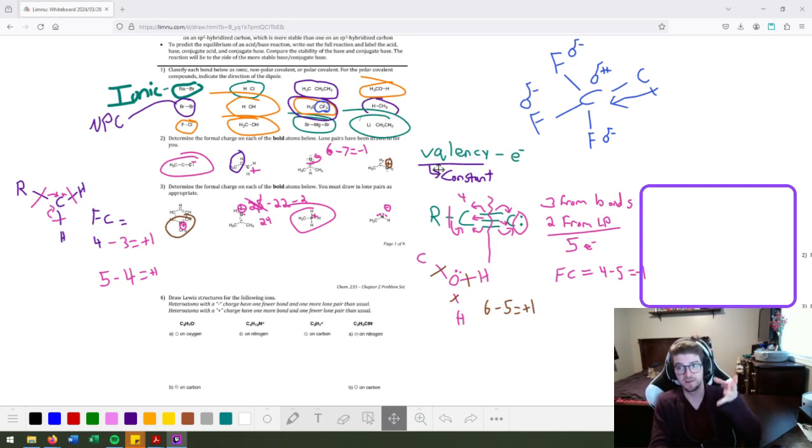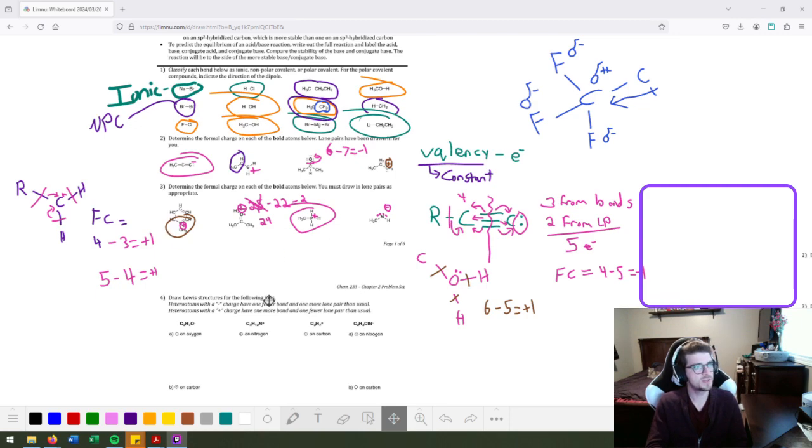So you take that valency minus the number of electrons that are actually surrounding the atom in the structure, and to do that you split each bond in half, give 1 electron from the bond to each atom on either side of the bond, and that's how you count up those electrons. And so that's how we look at formal charge.